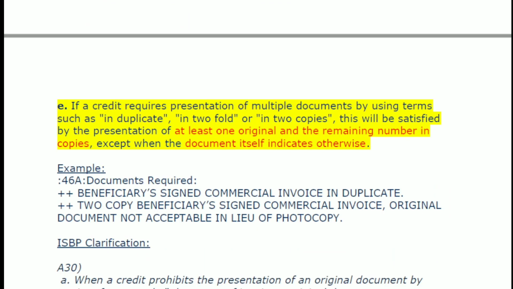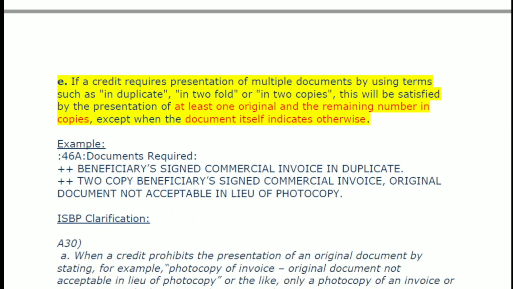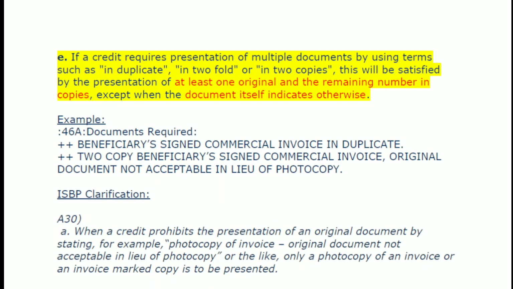Now we are moving to the last point, point number E. It states, if a credit requires presentation of multiple documents by using terms such as in duplicate, in twofold, or in two copies, this will be satisfied by presentation of at least one original and the remaining number in copies, except when the document itself indicates otherwise.